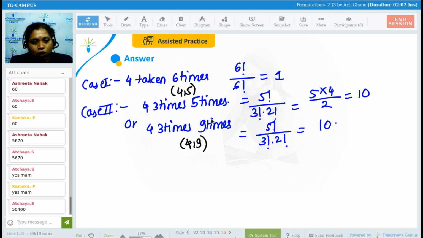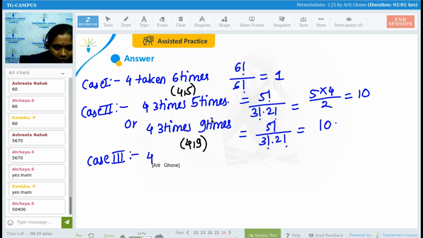Now what will be case 3? All of 4, 5, 9 are used. So if we take this one, then it comes 4 5 9 4 4 4. Now you have to think on the numbers only. When we are getting case 3, using all 3 digits 4, 5, 9, you need to fix the places and do the calculations.